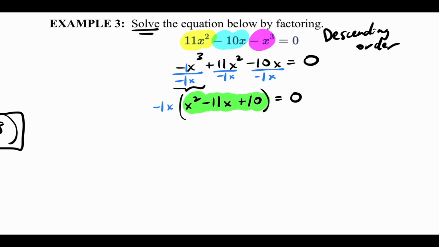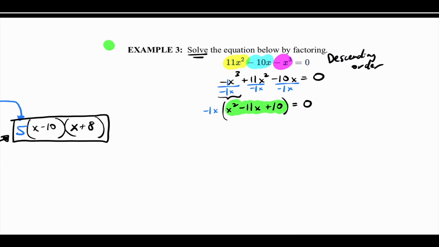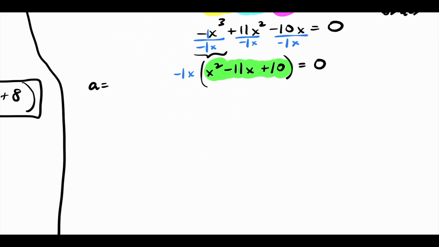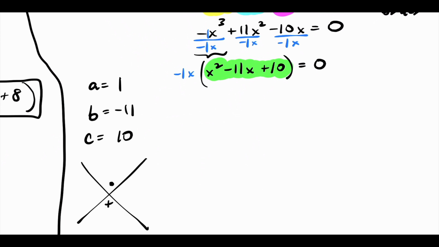ABC now, with what's left. Okay, so A equals 1, B equals -11, C equals +10. So I get 10 and -11.